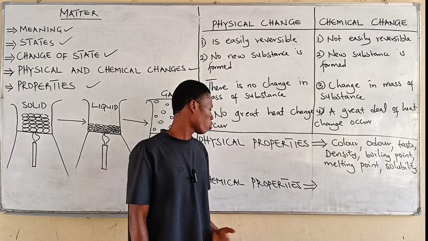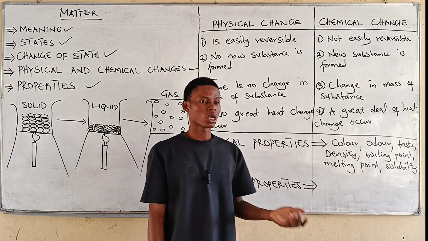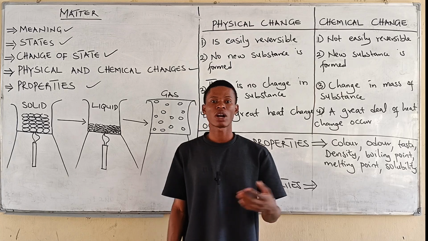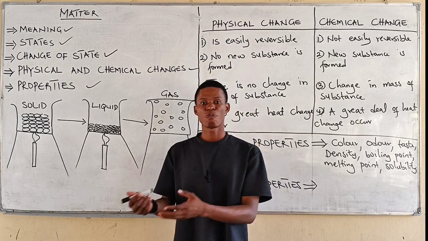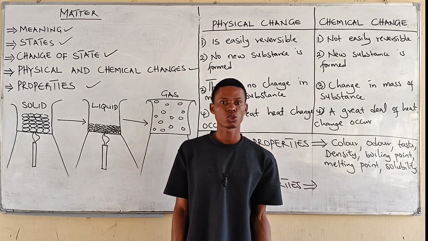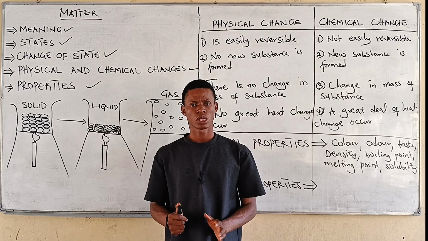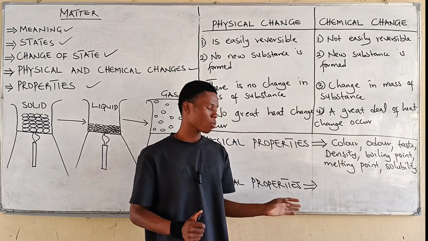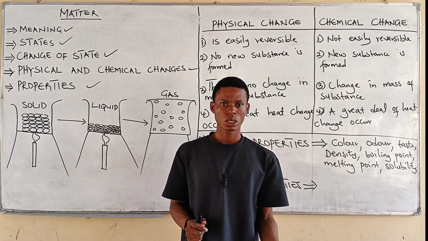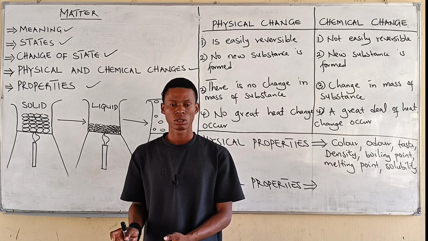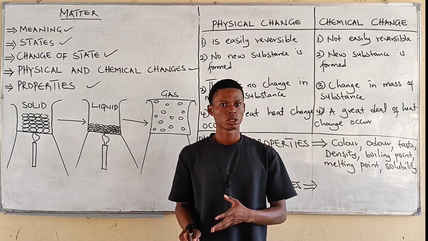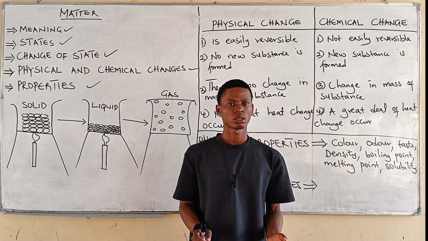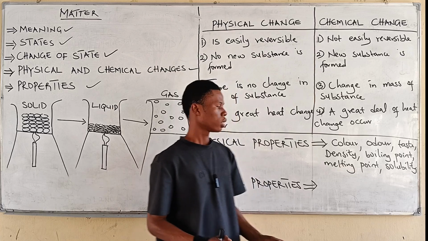Now chemical properties of matter are associated with chemical changes like rusting of iron, burning of paper, decomposition, and all those things. Do you understand? Chemical properties deal with chemical changes like rusting of iron, that's corrosion, burning of paper, and others.